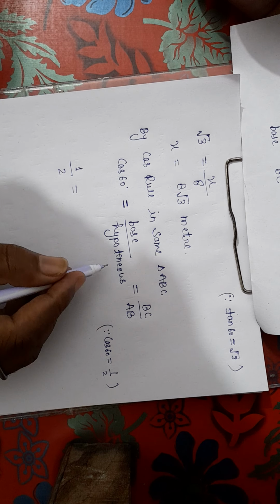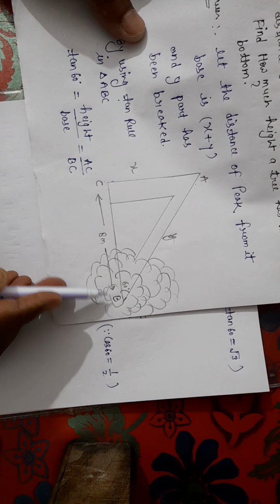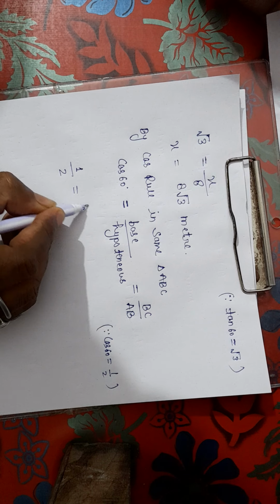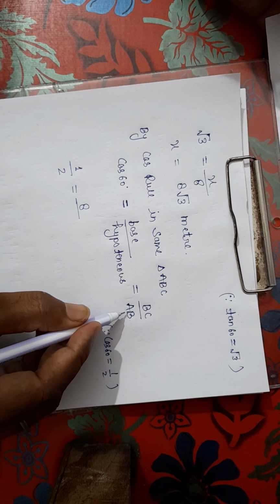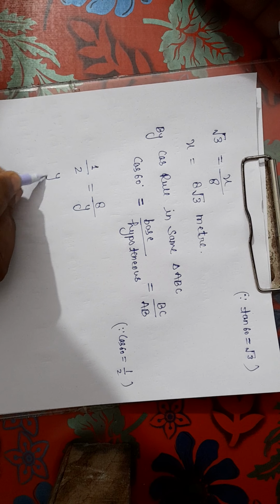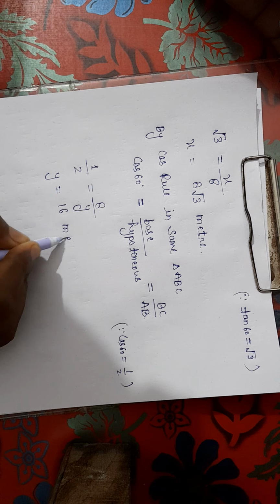BC is 8 meters, so we will put 8, and AB we don't know, it is the variable y. So by multiplication y equals 16 meters. Got it, this thing?